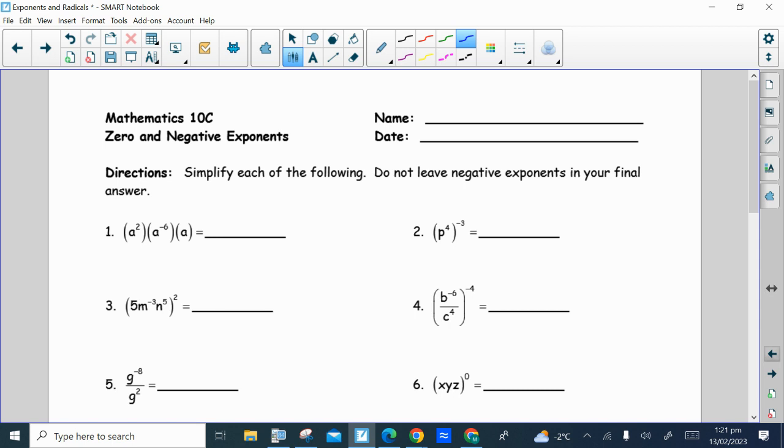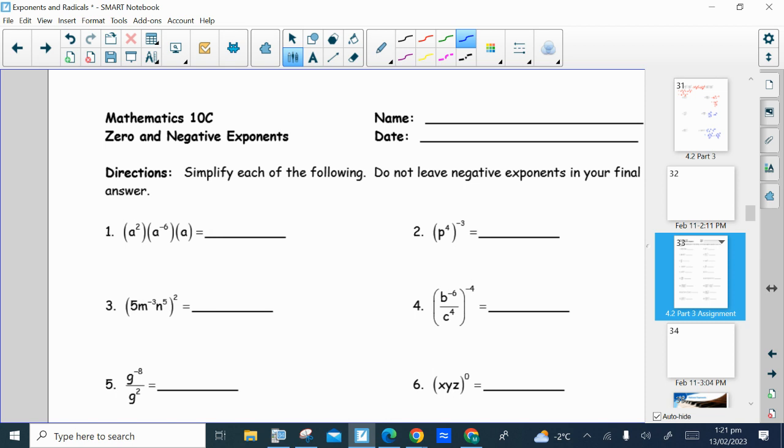You need to get that done and hand it in. Jensen, you told me last week you were going to hand it in and you didn't. And Chloe, I don't have yours either. Page 21 in your package. So this one here, page 33, is also due for marks. And you have your quiz tomorrow on this stuff. Okay? All right.